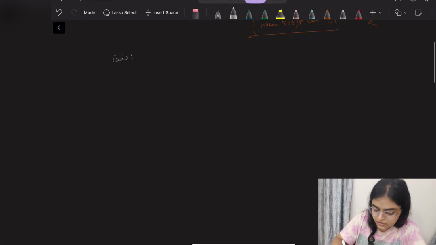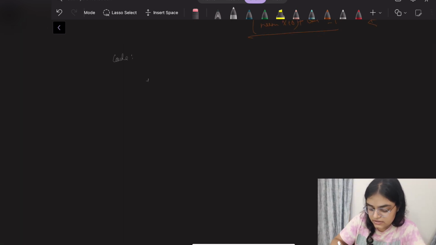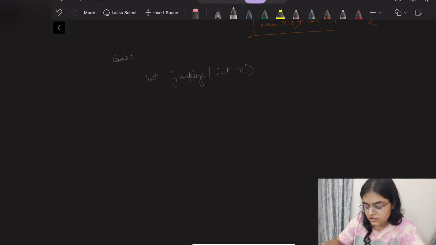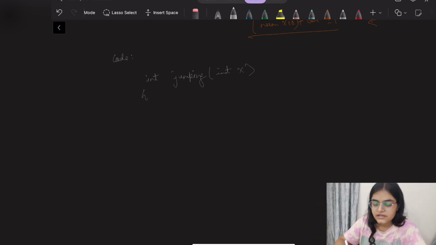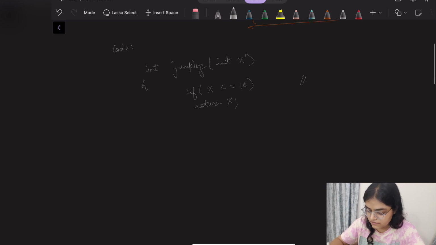First is the main function, that is int jumping, whatever you can say. What are we given? We are given x. So for this, let's write the base case first. If x is less than equal to 10, return x. The base case will be the same.